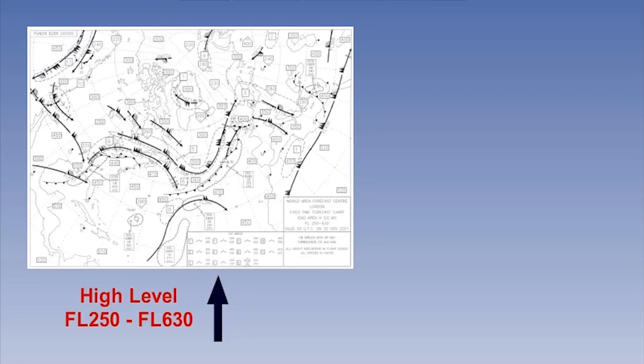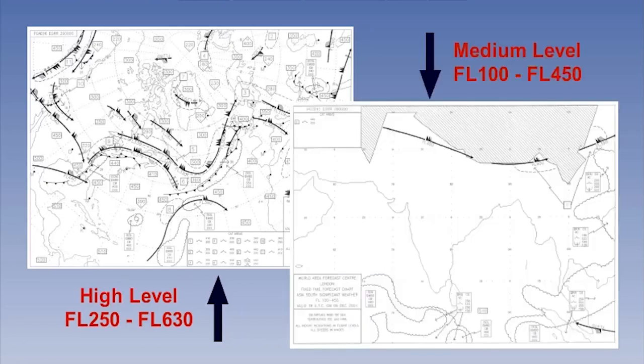They are also responsible for producing medium-level SIG weather charts between flight level 100 and flight level 450 for regions where there is a formal requirement for such charts. The WAFCs are not responsible for producing any low-level SIG weather charts. This is the responsibility of each state.